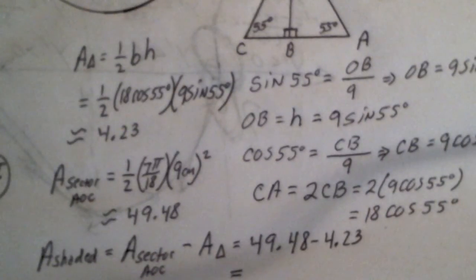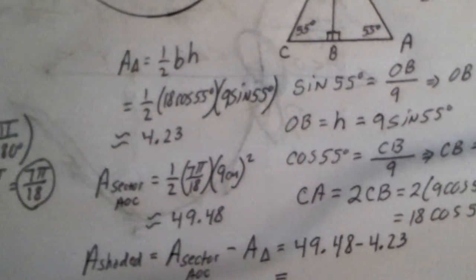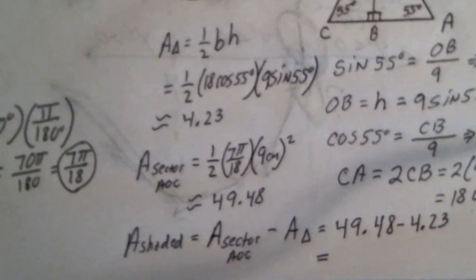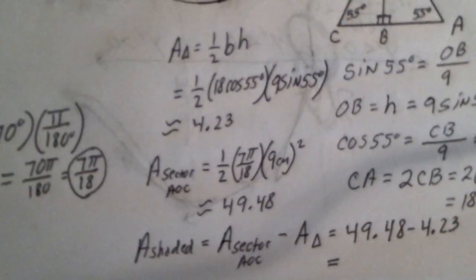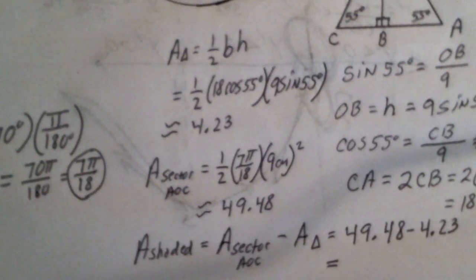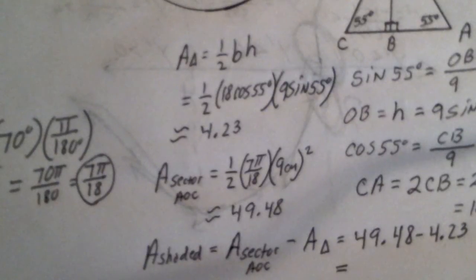Okay, so therefore the area of that shaded sector looks like it would be 49.48 minus 4.23. And let me make sure I was in degree mode. I was. So I'm just going to check the area of the triangle one more time.